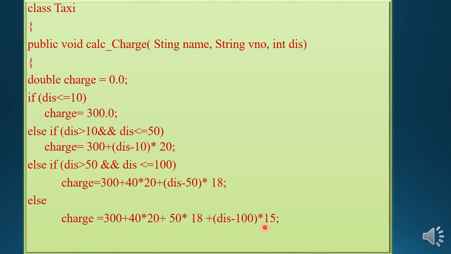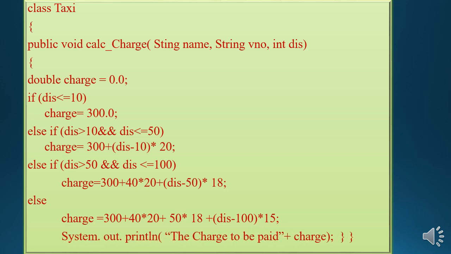So this will be the charge if the distance traveled exceeds 100 km. The charge is calculated and stored in the variable charge. Now we have to display the charge to be paid by the passenger. System.out.println the charge to be paid. The charge will be displayed.